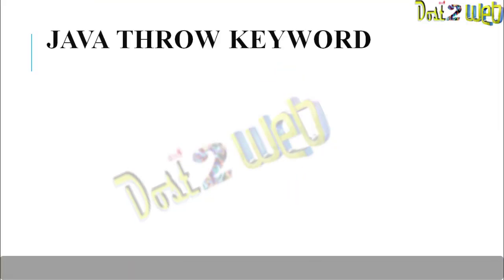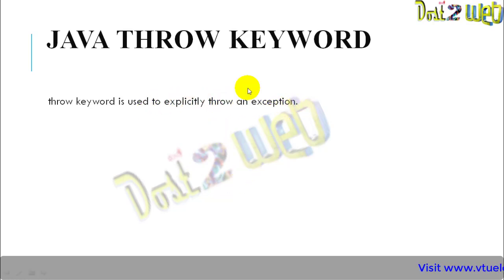Throw keyword. We have seen try, catch, and finally. Now we have the keyword throw. The throw keyword is actually used to explicitly throw an exception. You have seen explicit and implicit.